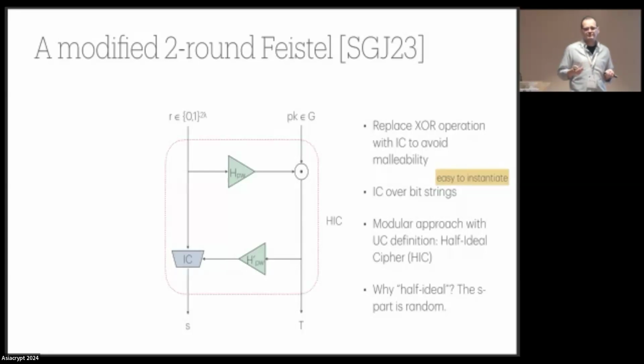You might be wondering why we're replacing it again with an ideal cipher. Well, because this particular ideal cipher is quite easy to instantiate. It's not an ideal cipher over groups. It's just an ideal cipher that takes some bit string and outputs another bit string, so it's quite easy to instantiate. Why is it called half ideal? Because this S component passes through an ideal function, so that part is completely random.